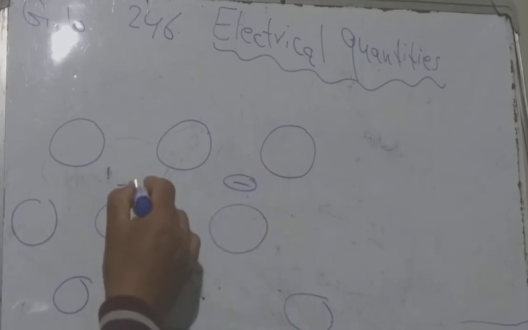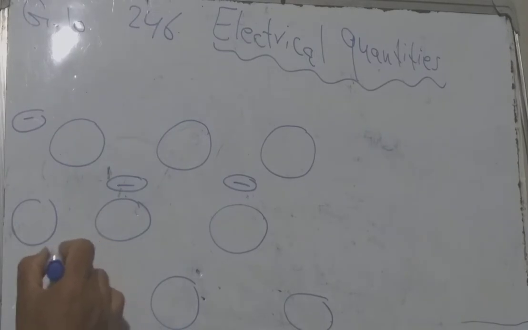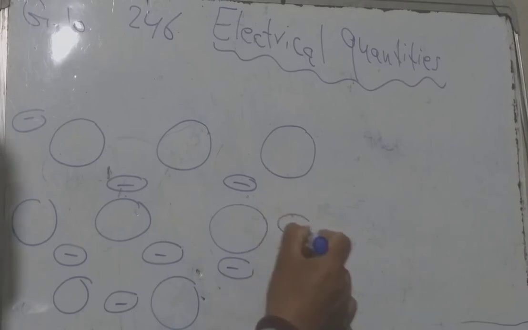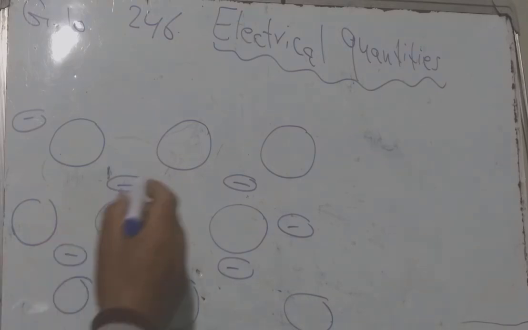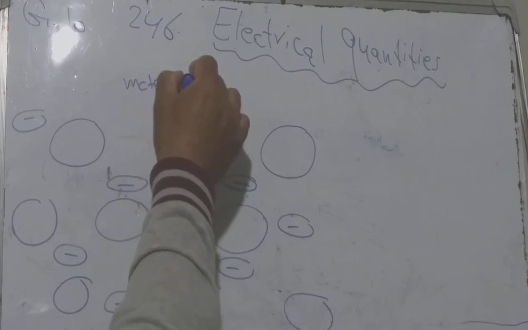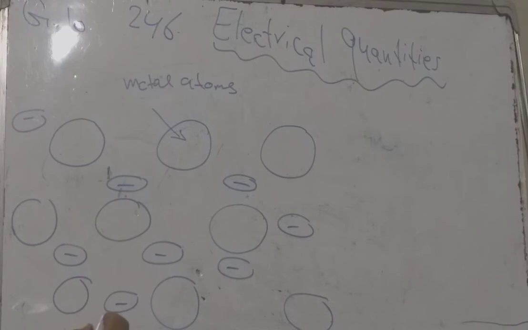There are some electrons here. So this is a metal structure which consists of metal atoms, and these are the electrons.